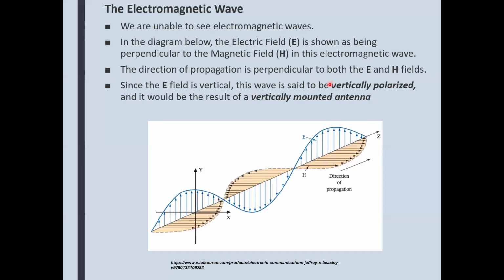So this field is vertically polarized. And it would be a result of a vertically mounted antenna. Now that is beginning to make sense.